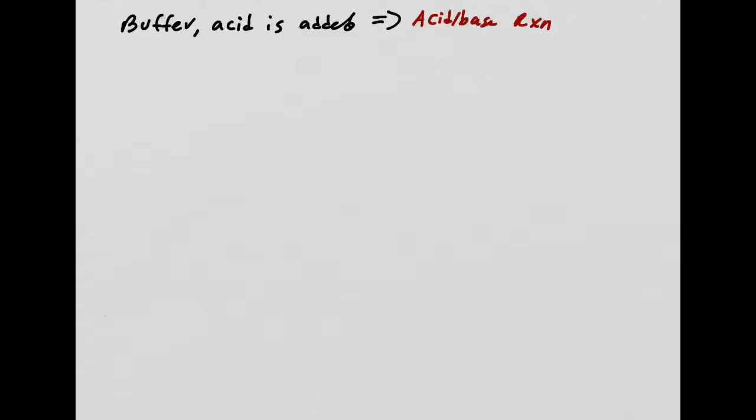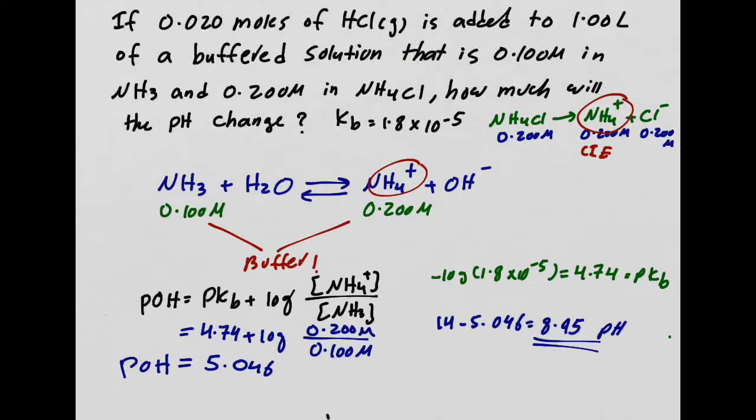Now, check this out. If you add acid to this buffer solution, the acid will not be attracted to ammonium because ammonium is also an acid. It's not going to have any reaction. Acid on acid does nothing. But the acid, the HCl, is going to be attracted to the base.